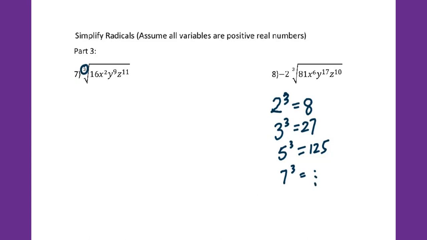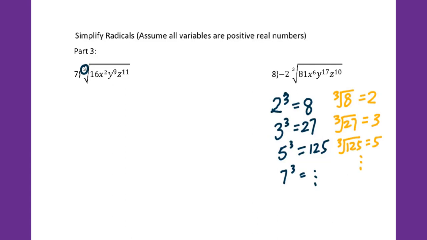So remember these cubic numbers, because the cubic root of 8 equals 2. Cubic root of 27 equals 3. Cubic root of 125 equals 5, and so on.